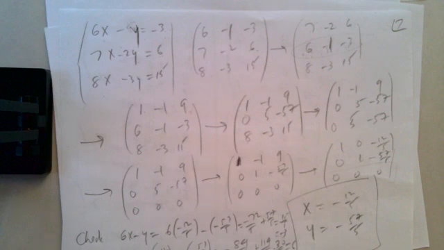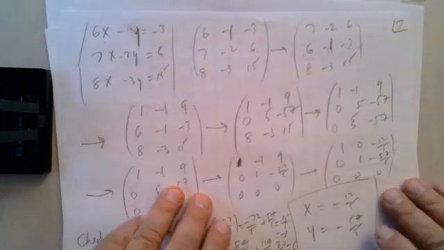Professor, question. So when doing matrices, your goal is to get the bottom row to equal 0, or... No, your goal is the following.